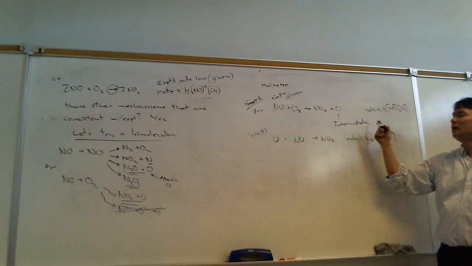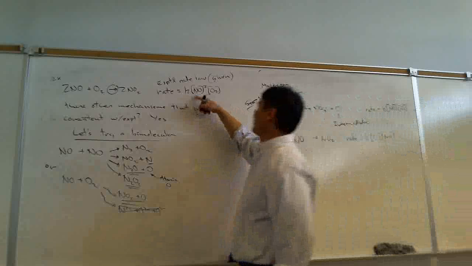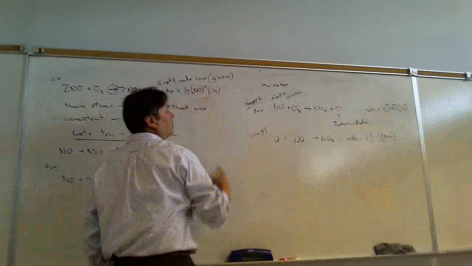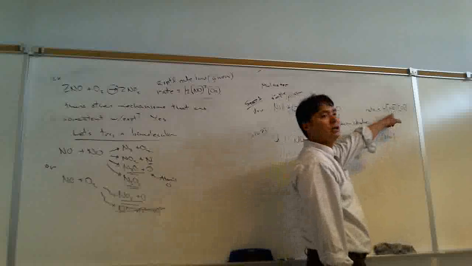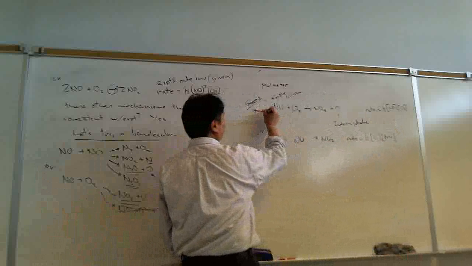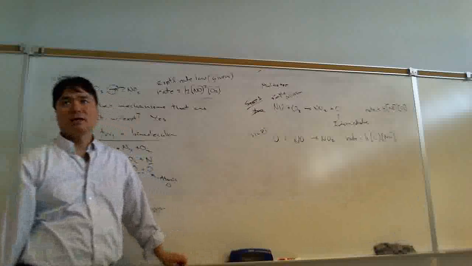No. You see, it doesn't match because our experimental rate law is fact. And so it's a fact that it's second order in NO. Here, this just shows a first order NO dependence. And so it cannot be step 1 as the slow step here.